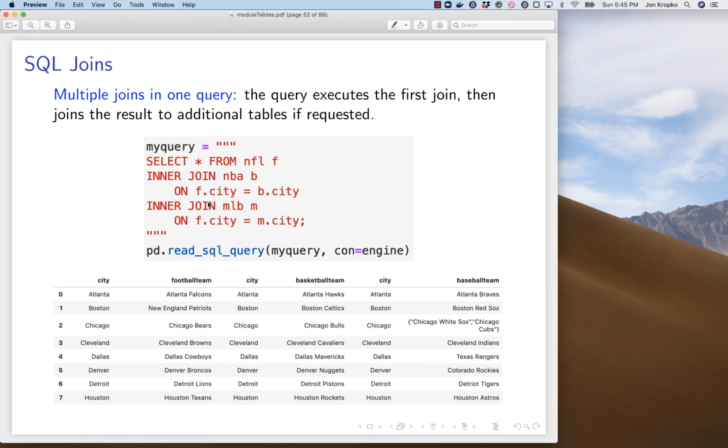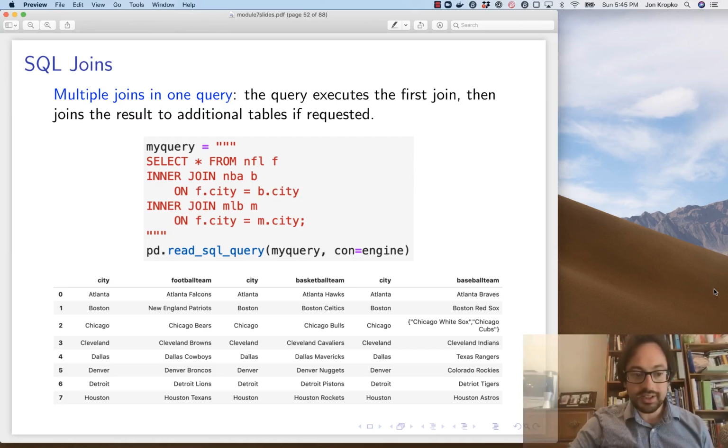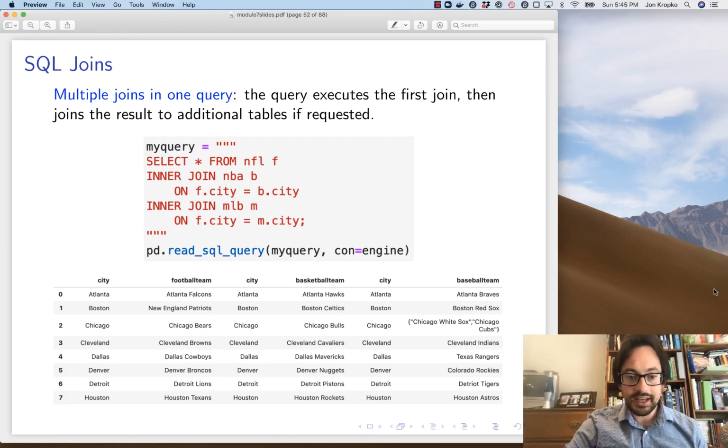I start by selecting everything from the NFL, joining it to the NBA, and now I have an inner join of the cities with both an NFL and an NBA team. Now with this inner join table, I'm going to inner join that joined table to the Major League Baseball table, again joining on city, and again doing an inner join. What this is going to give me is a data table of all the cities that have both a football and a basketball and a baseball team. Okay, so here we have Boston with the Patriots, the Celtics, and the Red Sox.